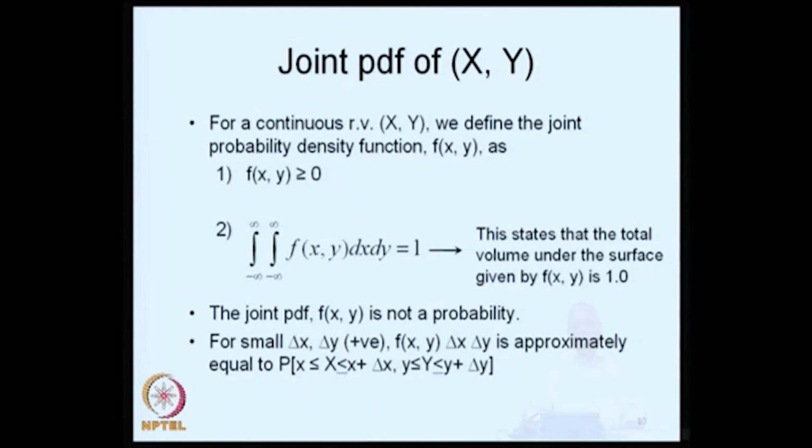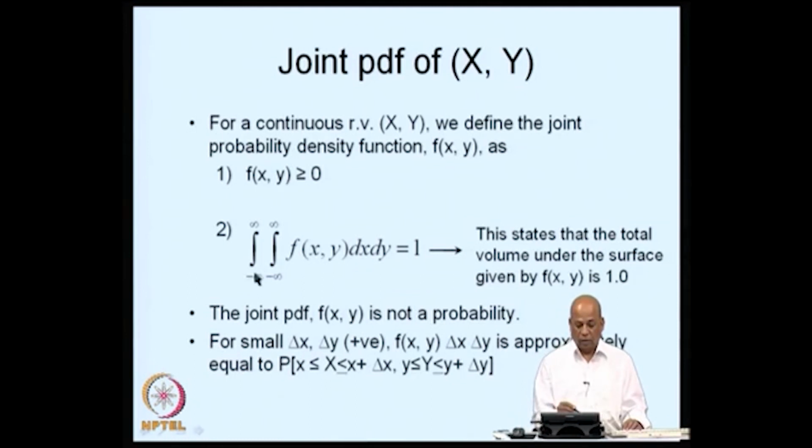Then we come to the joint density function. When x y is a continuous random variable, a two dimensional continuous random variable, we define the joint probability density function f of x comma y. Similar to the single dimension density function, any function which satisfies f of x comma y being non negative, and the total volume under the surface f of x comma y being equal to 1.